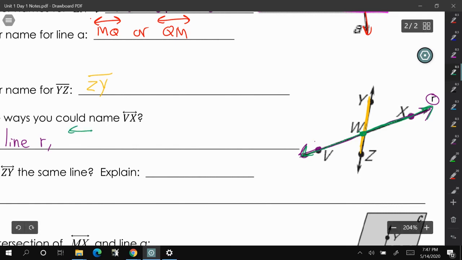So you can have line WX, line XW. We could also say, well, what about line VW? That follows the same thing, and you'd be right. So VW and WV.